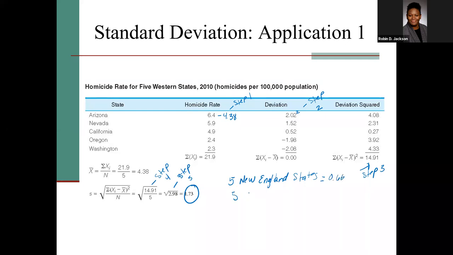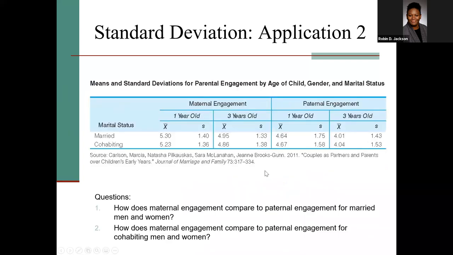For the 5 Western states, it's equal to 1.73. So at this point, hopefully you remember, the larger the standard deviation, the more variation within the scores. So the 5 Western states, there's more variation in those scores, okay? All right, moving on to the next one.